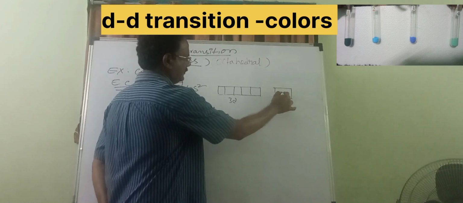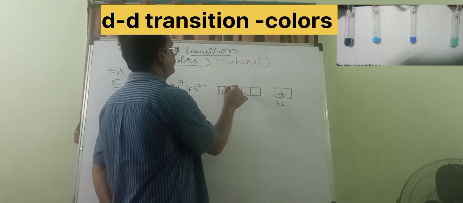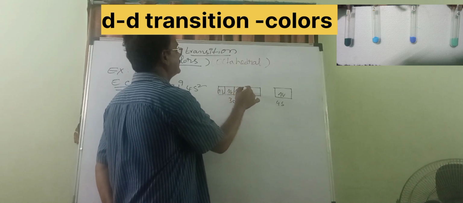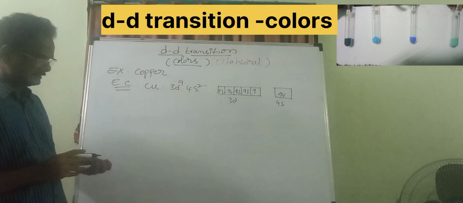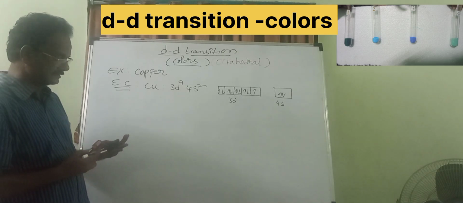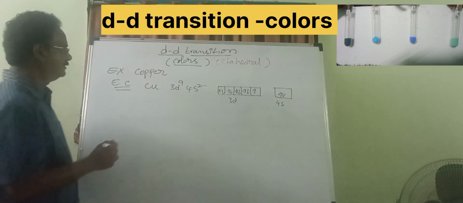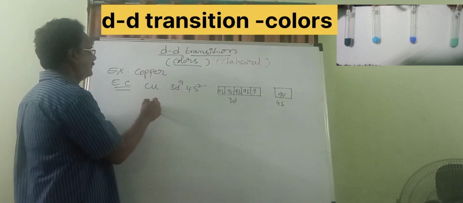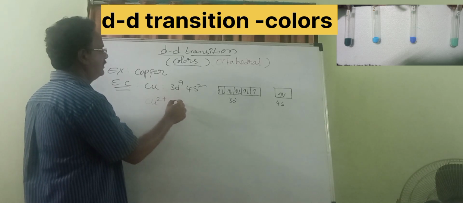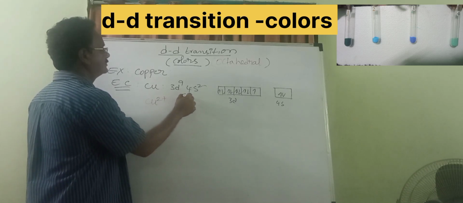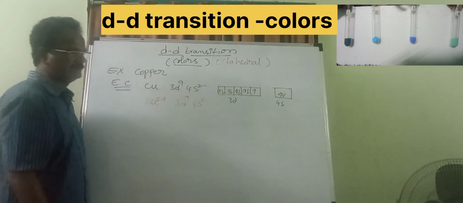So 4s orbital is fully occupied and the configuration of 3d orbitals is like this. So this is the electronic configuration of copper. You know that copper is a transition metal. So the most stable cation of copper is Cu2+. So the electronic configuration of Cu2+ is 3d9 4s0.